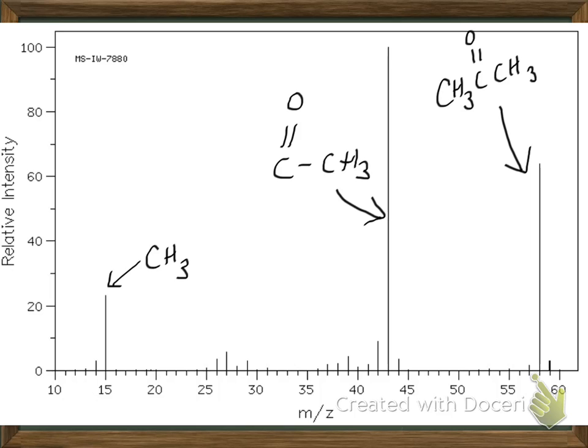Now ignore the small peak at 59. This is because 1% of carbon atoms are heavy. They're carbon 13. So this small peak that you see at 59 is called the +1 peak. 1% of the molecules that you have will be heavy, and those will show up at 59.